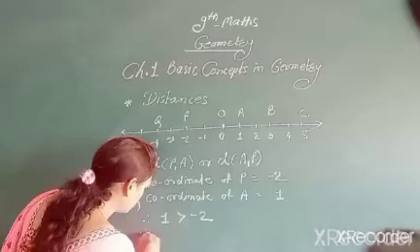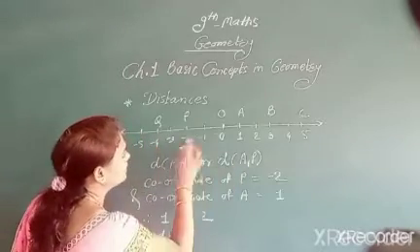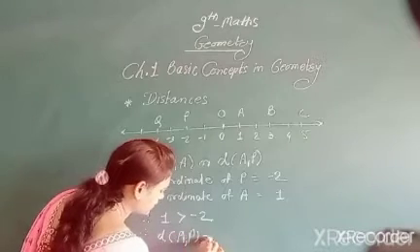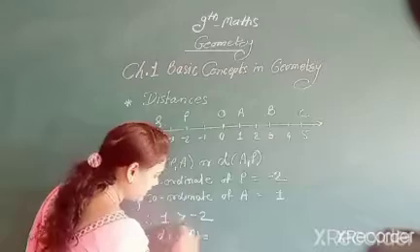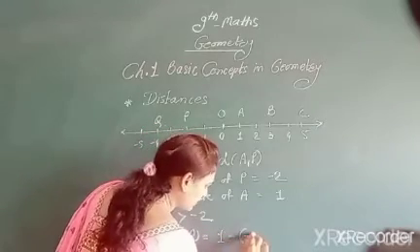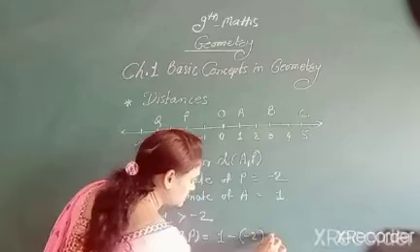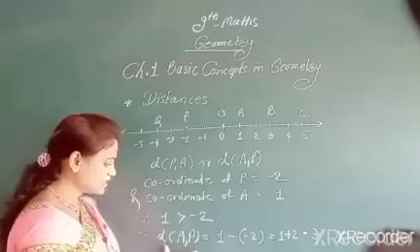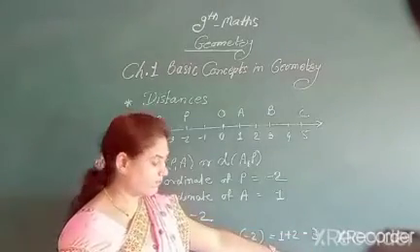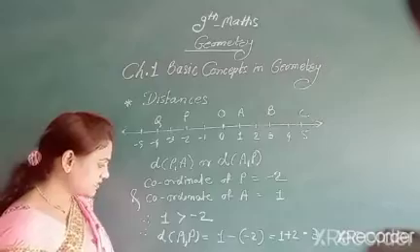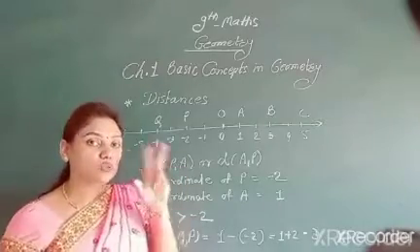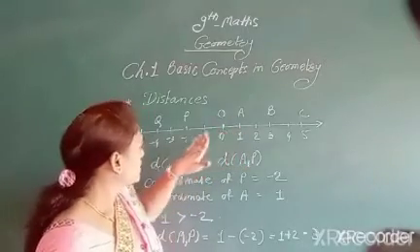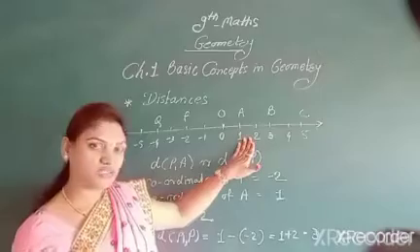Therefore the distance between A and P is: which is the greatest coordinate? 1 minus (-2), that is 1 plus 2, is equal to 3. Then distance between A and P is equal to 3. Remember this thing. The distance between 2 points is obtained by subtracting the smaller coordinate from the larger coordinate.